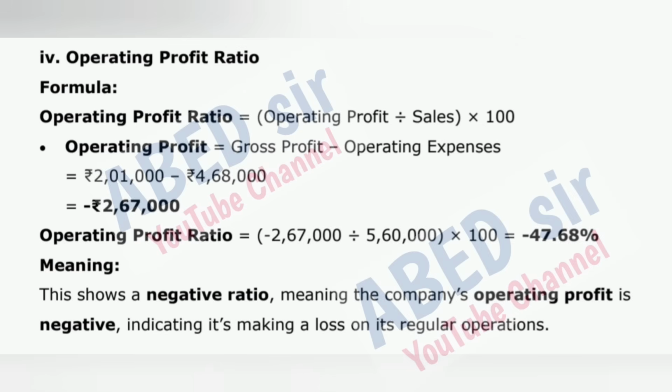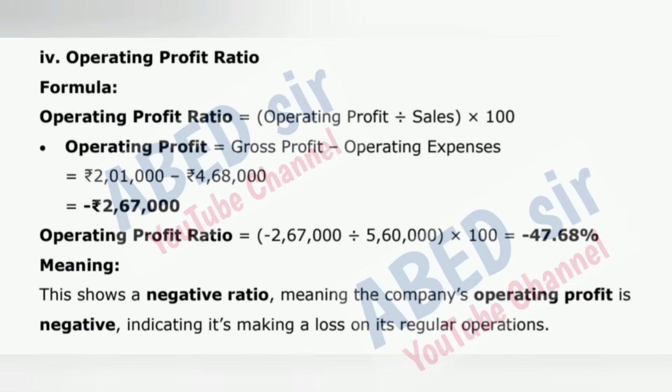4. Operating profit ratio. Formula: operating profit ratio is equal to operating profit divided by sales times 100. Operating profit is equal to gross profit minus operating expenses, equal to 2,01,000 rupees minus 4,68,000 rupees, equal to minus 2,67,000 rupees.